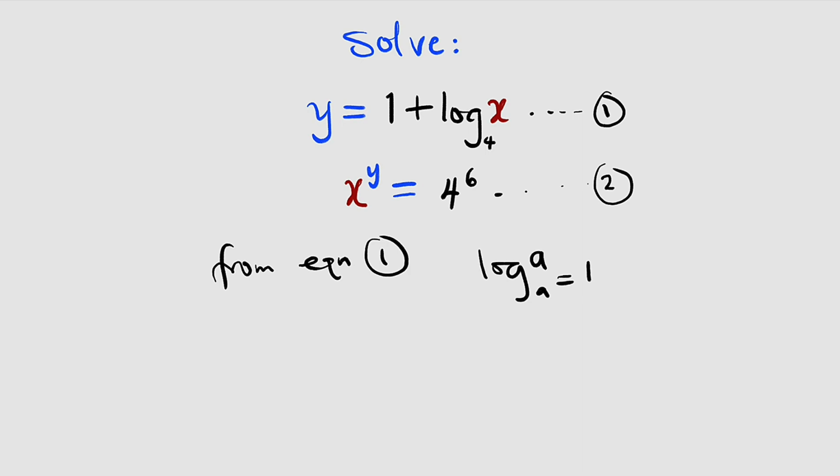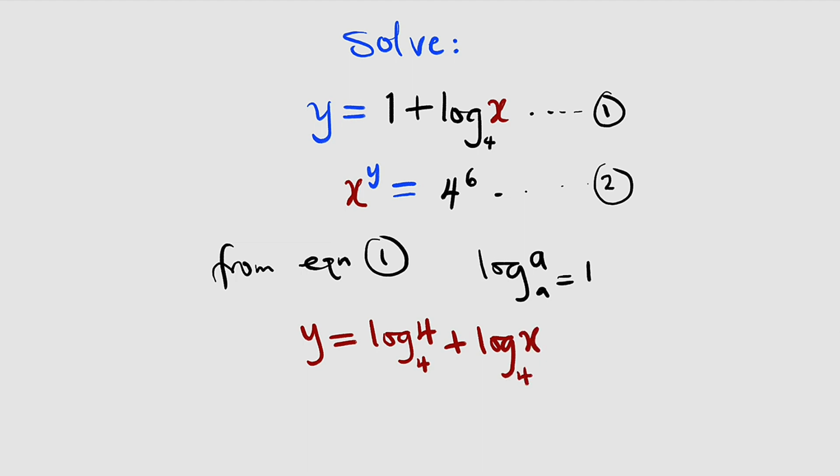If that is the case, we can express 1 as log of 4 with base 4. Therefore, y equals log of 4 with base 4 plus log of x with base 4.